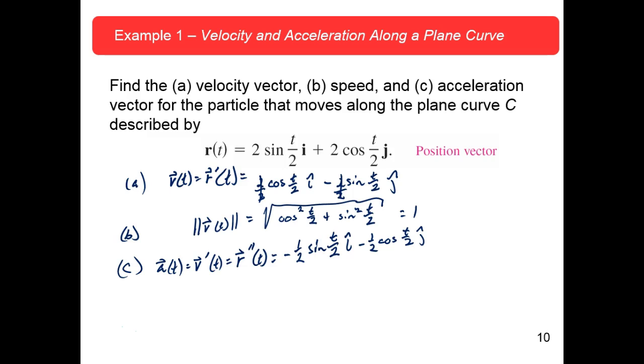Let me use the board here. I won't get out of range of my microphone. It's a circular motion about the origin. Your velocity vector is always the same magnitude, and it happens to be magnitude 1 all the way around.